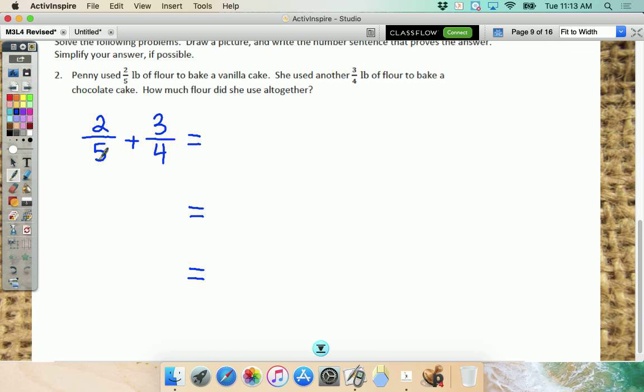Mrs. Lowry said when your denominators are 1 away from each other, you probably just want to multiply them together. Okay? So 5 times 4, 20. So we're going to use 20. We don't have to do LCM on 5 and 4. We're just going to automatically know it's 20. Some of them are like that. Like 4 and 3, that's going to be 12. Okay, so get this set up.